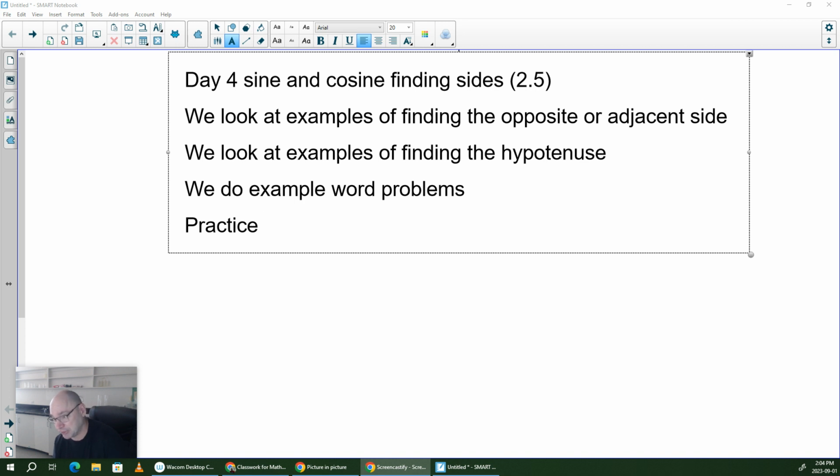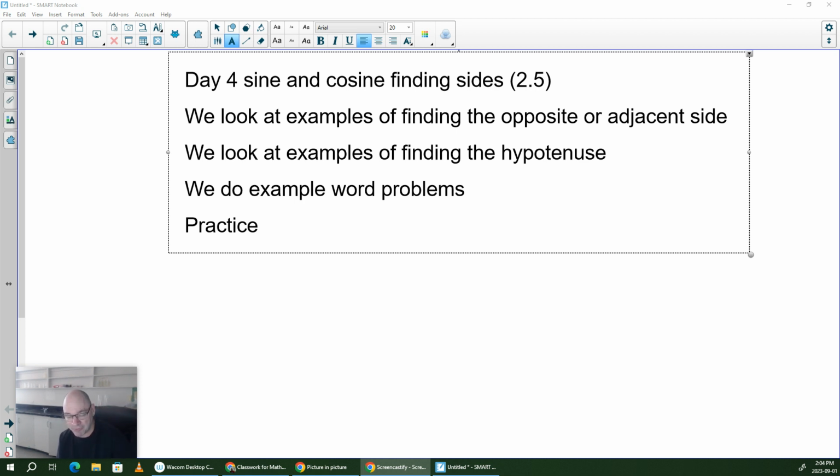This is section 2.5 in the textbook, and it closes up all three primary trig ratios, finding sides and finding angles. Then we get into, basically, in 2.6, combining all three things together and finding sides or angles depending on what we need, and even adding in the Pythagorean theorem.